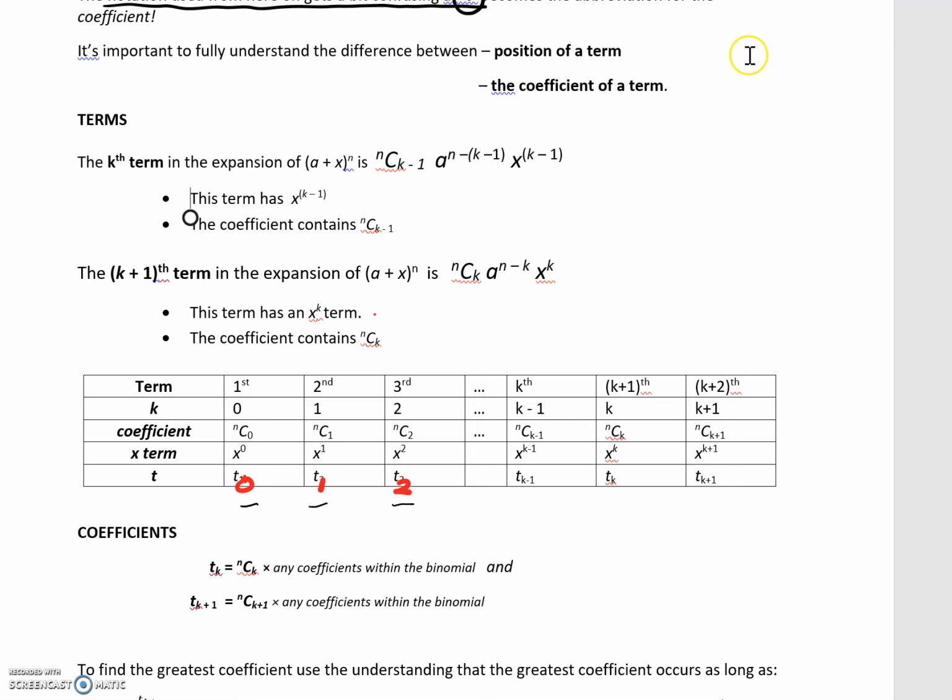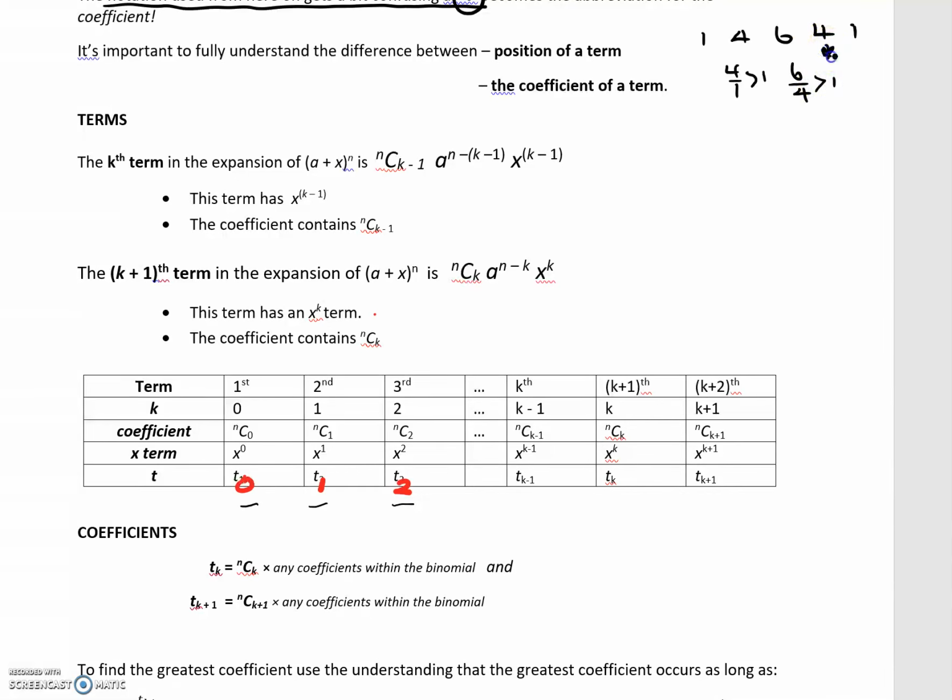So if we looked at the coefficients of the line in Pascal's triangle, where we've got 1, 4, 6, 4, 1, it's possible to see that the ratio of the coefficients, so the second coefficient over the first, 4/1, is definitely greater than 1. 6/4 is definitely greater than 1.